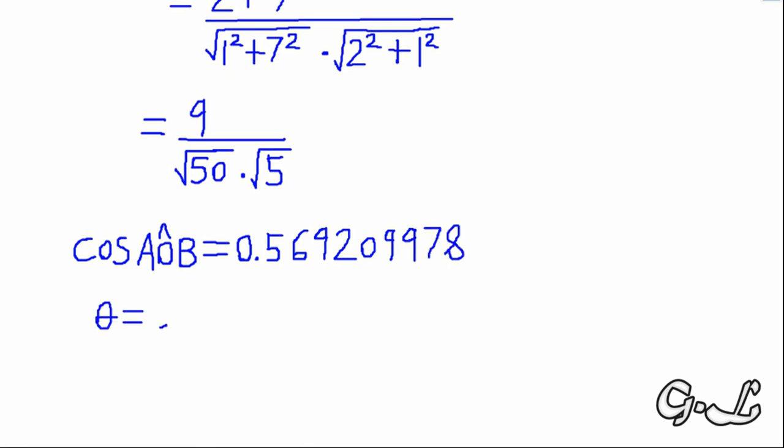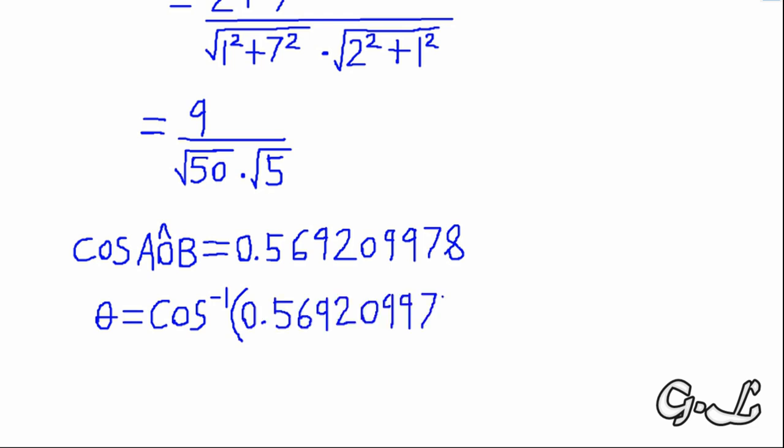which will give you the value of 0.569209978, like that. The next thing that we're going to do is make theta the subject. In such a case, our theta is the angle between A and B. So theta is equal to cos inverse of 0.569209978, like that.